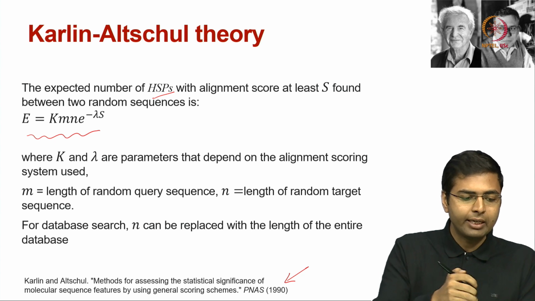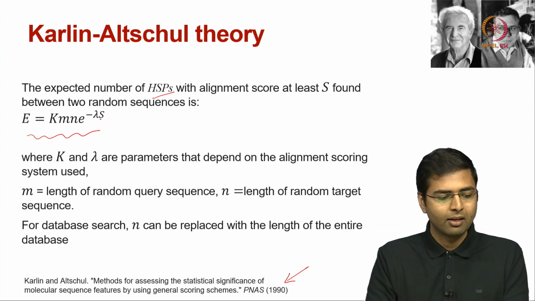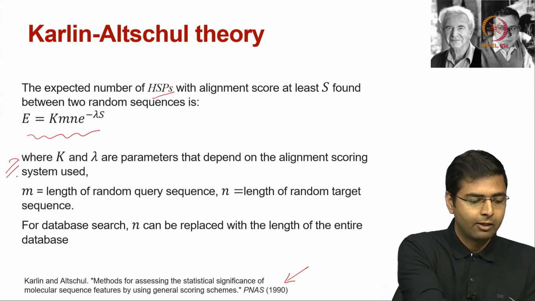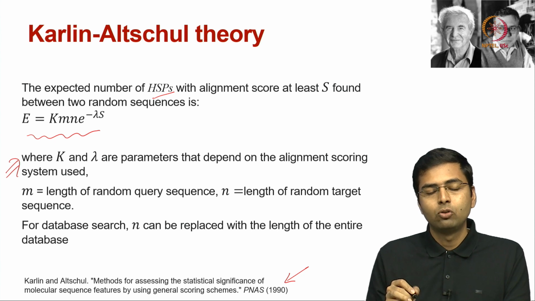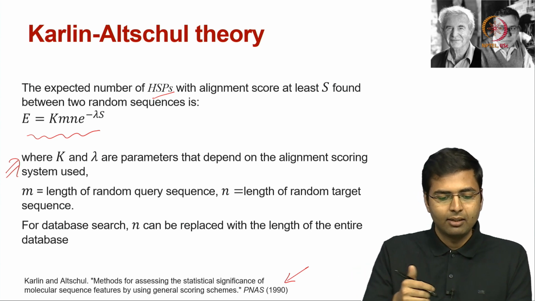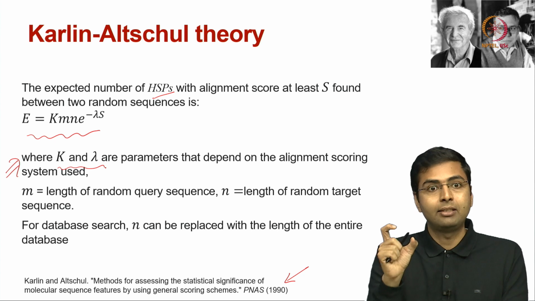Now, in this expression S is the alignment score that we are setting as a threshold, K and lambda are parameters that are dependent on the alignment scoring system. So, depending on the pairwise alignment scoring system that you are defining for match, mismatch, gap, etc., these are the parameters that would depend on those scoring systems being used.